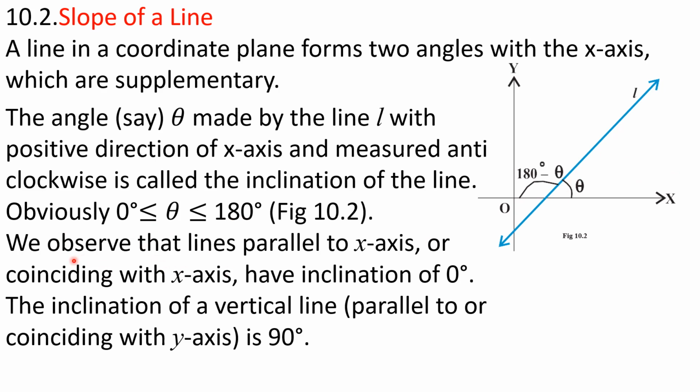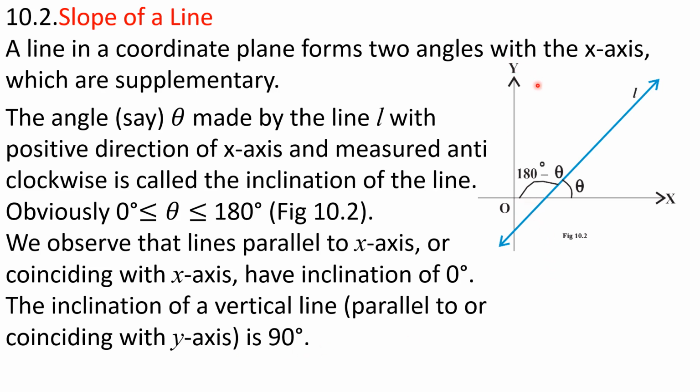Okay, my children. We observe that lines parallel to x-axis or coinciding with the x-axis have inclination 0 degrees. And the inclination of a vertical line, or a line parallel to the y-axis, is 90 degrees.